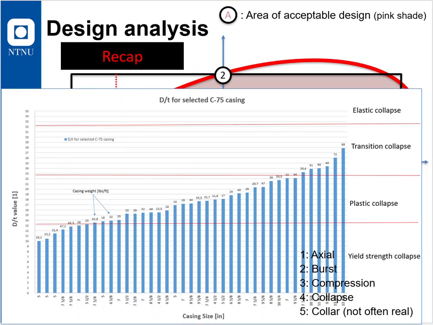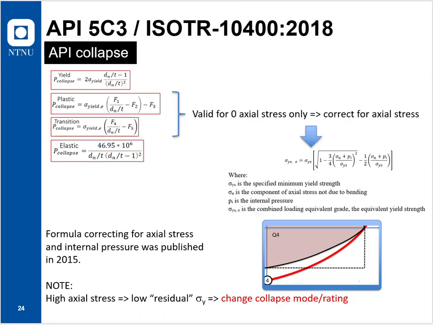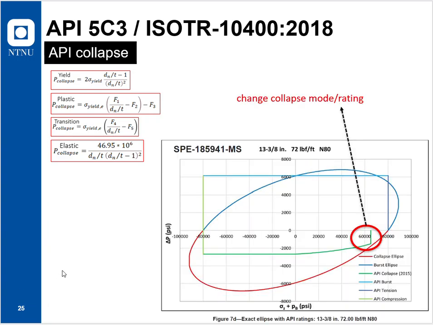So basically, when you are correcting the yield strength, as you add more tension, suddenly you will have a big jump on the graph. And this is from an SPE paper that was released in and around 2015 for 13 3/8 inch.